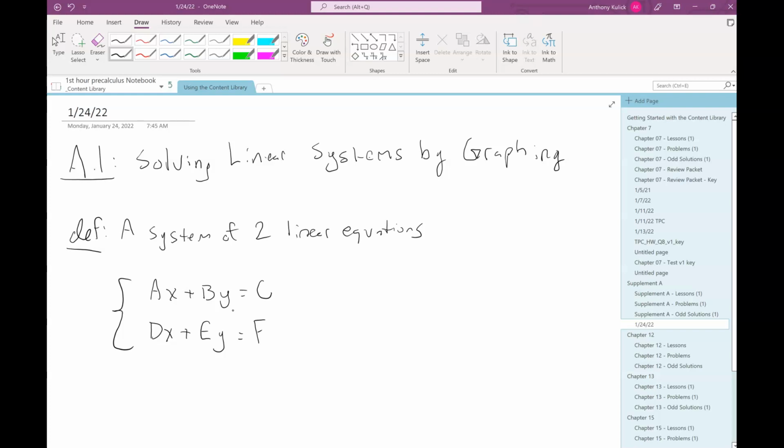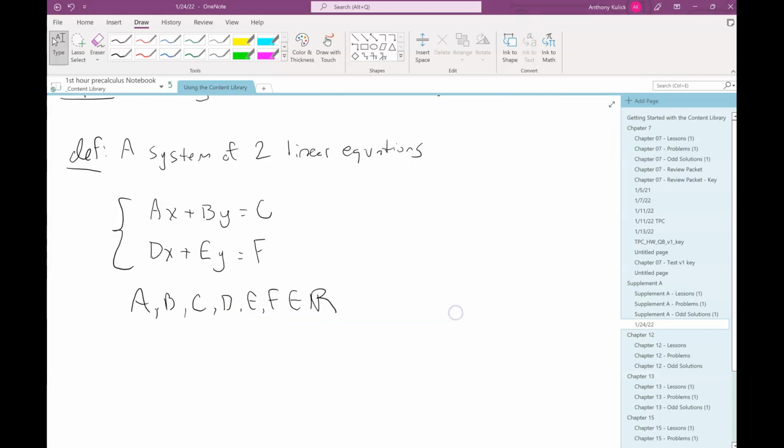So in this case, x and y are variables, and a, b, c, d, e, and f are all real number constants.